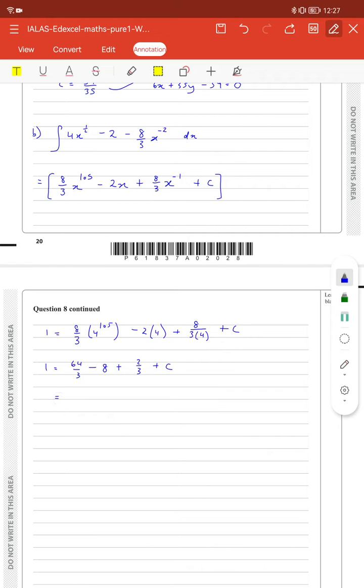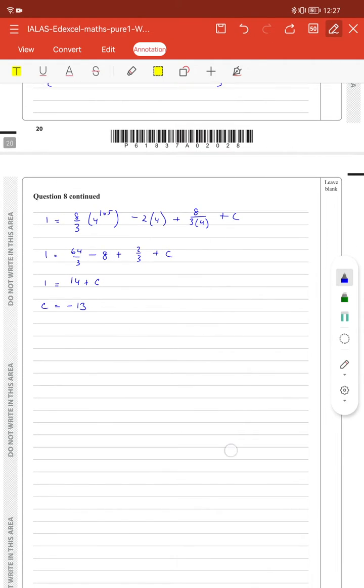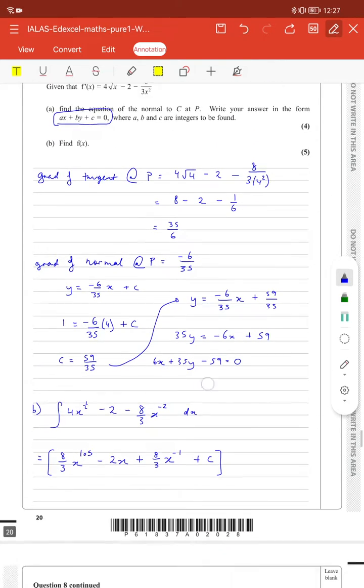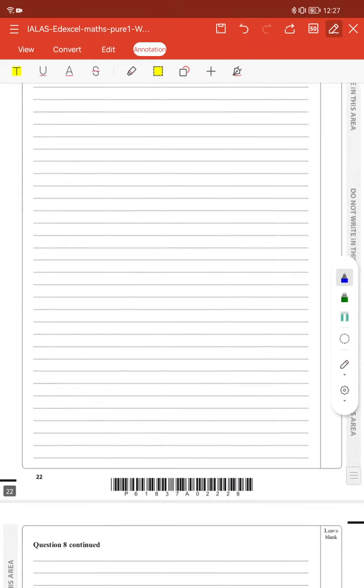And this will give me 1 is equal to 14 plus c. So c is equal to minus 13, which means y is equal to 8 over 3x to the power of 1.5 minus 2x plus 8 over 3x minus 13. And it is very important that you rewrite it including the plus c that you have found.